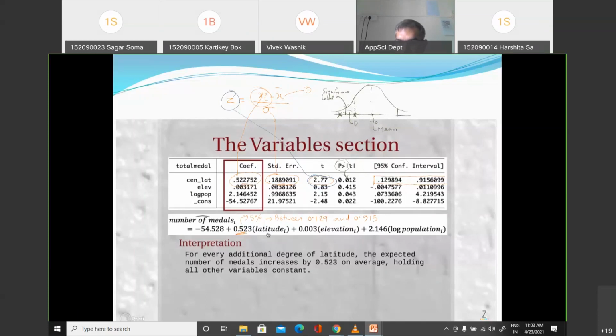If the p-value is less, that also shows that this variable is significant. Here p-value is less. Here p-value is not that much less for elevation, so we should not include this variable. Log of population has a low p-value, so use this. There is no special analysis for the constant; constant is constant.